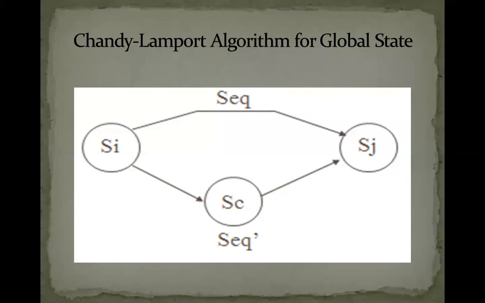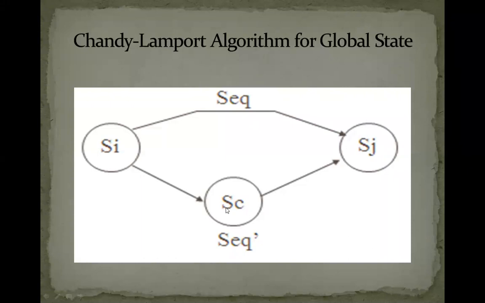It is also possible that there may be a situation in which the processes are in a deadlock position. So if a stable property holds before the recording algorithm begins execution, it continues to hold, and it will therefore be included in the recorded global state.